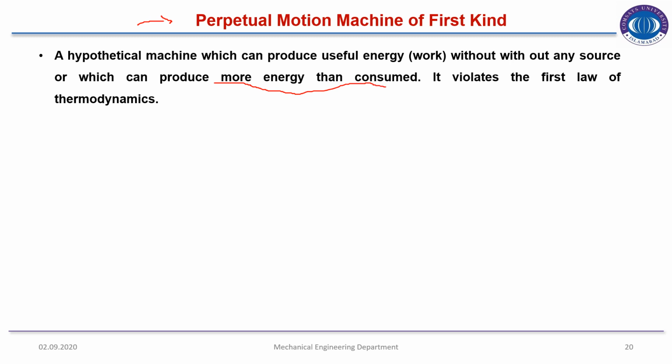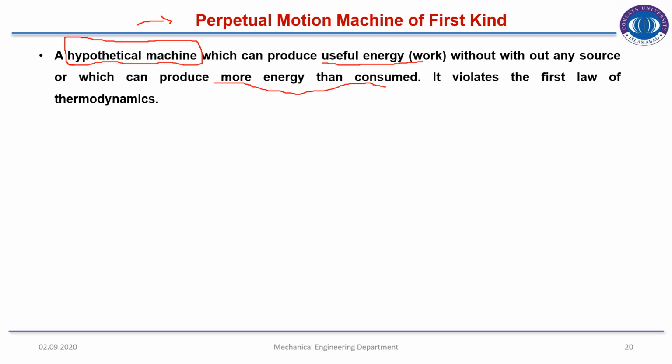So first you have to remember that it's a hypothetical machine. It is an ideal machine which we cannot make. It is a hypothetical machine because from the law of conservation of energy, energy can neither be created nor be destroyed.